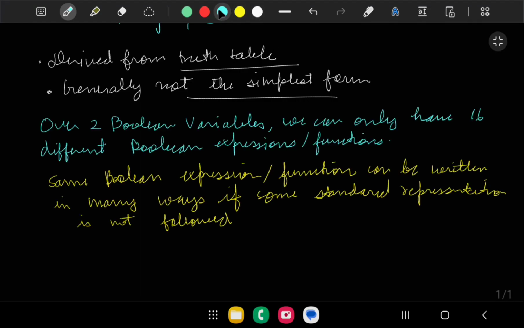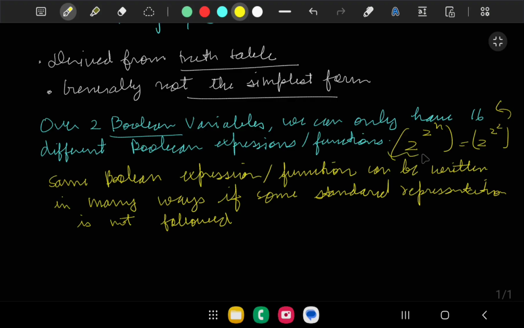So for example, if you have two variables, then how many different functions are there? For two variables, how many different functions are there? So for n variables, you have these many different functions. So for two variables, you'll have 2 power 4, which is 16.